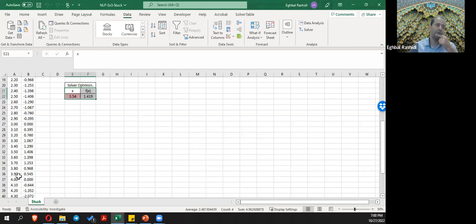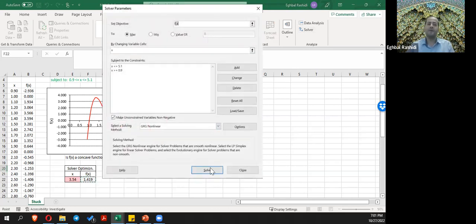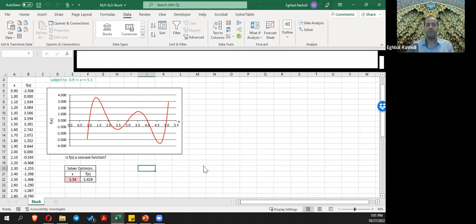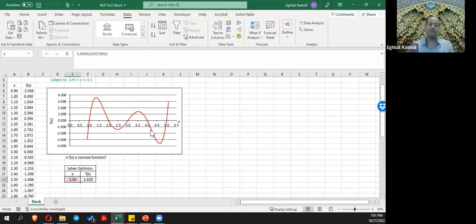It's almost here, and f of x actually is 1.4. Yes. Okay. So yeah, it actually found this one. This is the local optimum that it has found. So it couldn't find this one. And if I try it again, it's going to be the same. Let me try with a different value, say 4.